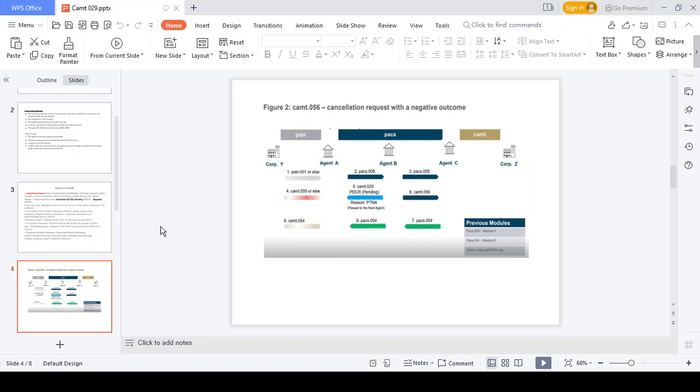Once the message is converted, if the funds have not yet been settled at the beneficiary's end, you can stop the payment and get the response with pacs.004, a positive response.